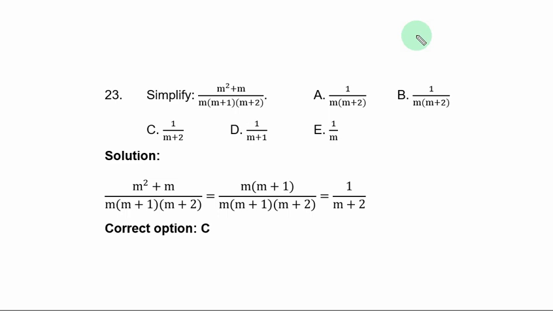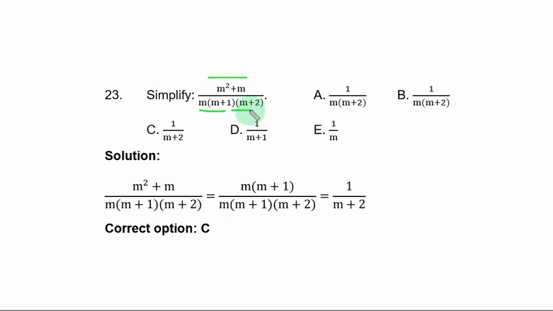Question 23. Simplify m squared plus m over n, bracket open, m plus 1, bracket close, bracket open again, m plus 2, bracket close. Solution. The denominator is already in simpler form.